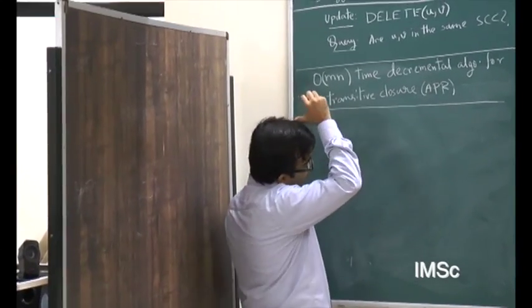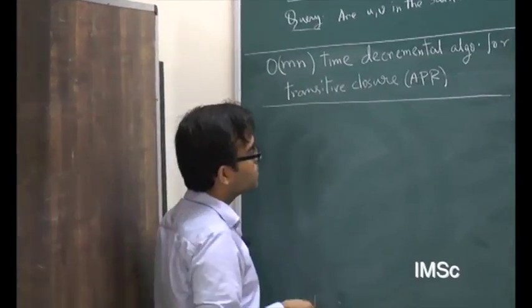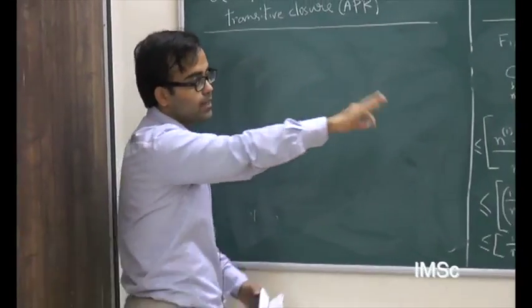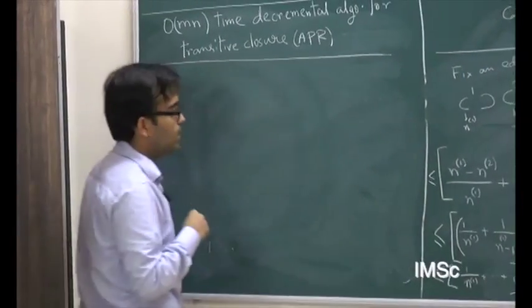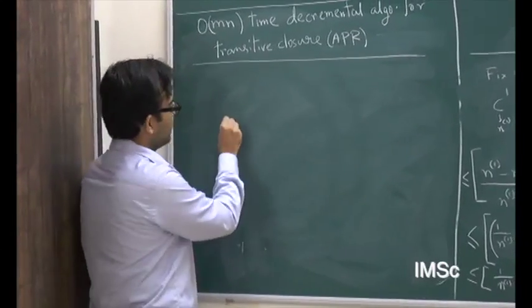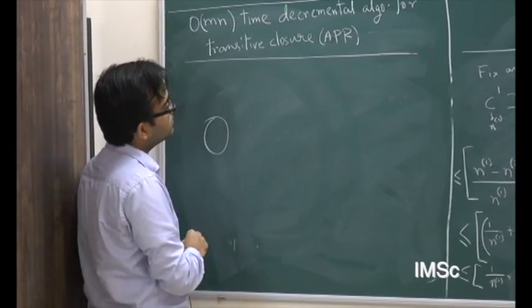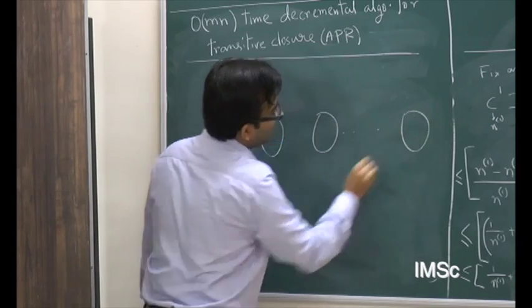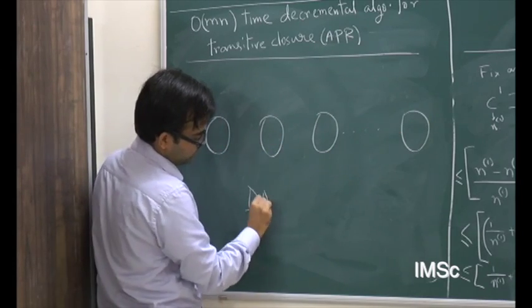Okay, then let us move on to transitive closure. I will just outline the basic approach, will not give the entire algorithm, unlike this one where I gave all the details. We want to maintain transitive closure. So, basically that means we need to maintain this DAG on the meta graph.